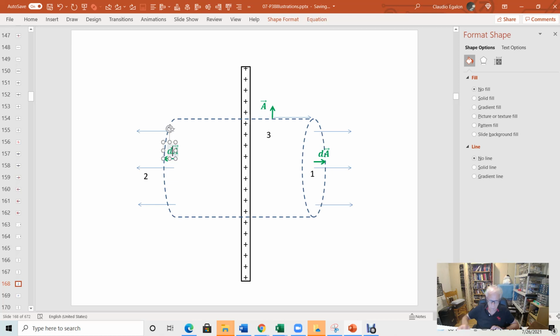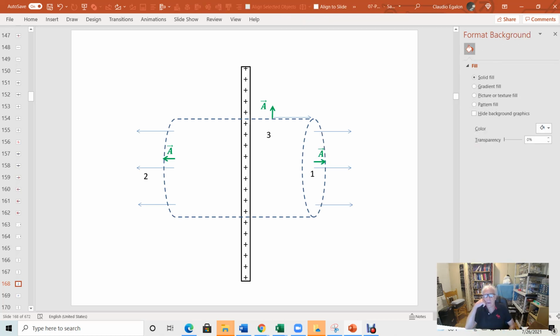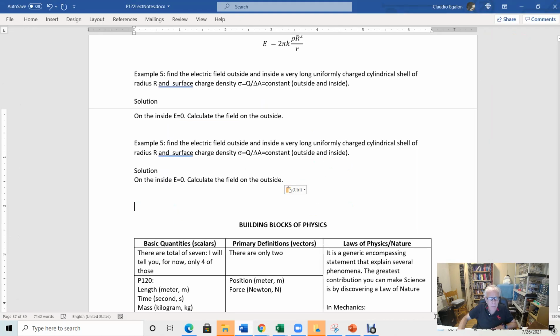And that's an important difference between the cylindrical distribution of charges and this one. In the cylindrical distribution of charges, this area vector was parallel to the electric field. Now, the area vectors that are parallel to the electric field are the area vectors on the caps. Okay? Cap 1, cap 2, surface 3 now. So, let's formulate the problem.